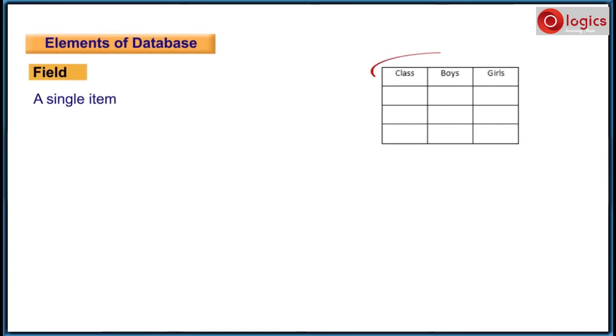A single item of data common to all records. Here the table fields are class, boys, girls. It means in class column you are going to store class information. In boys column you are going to save boys information. Similarly in girls column you are going to save girls information.